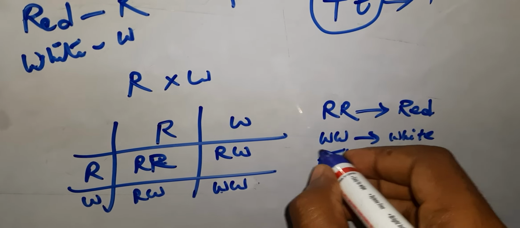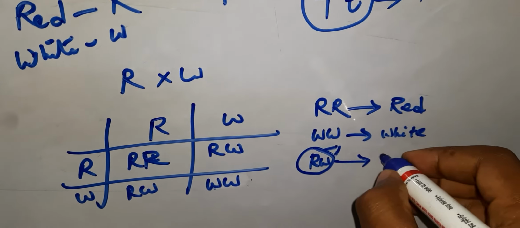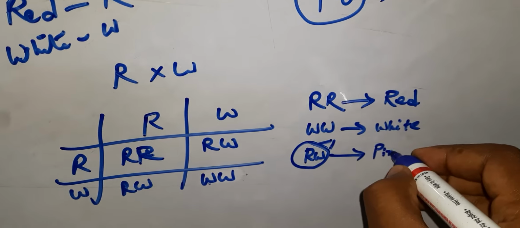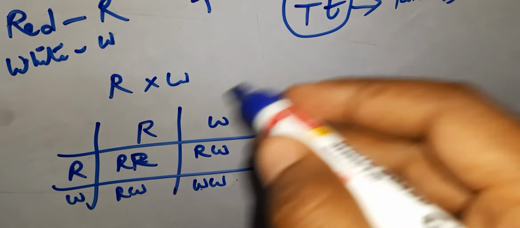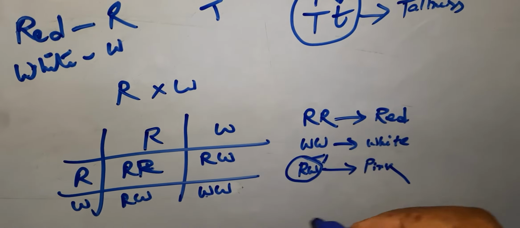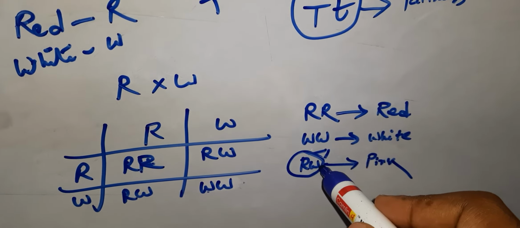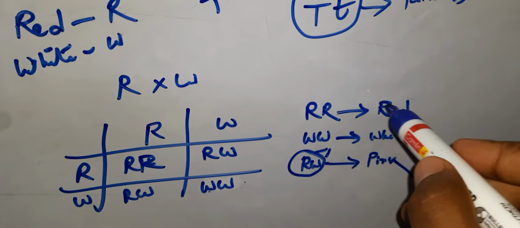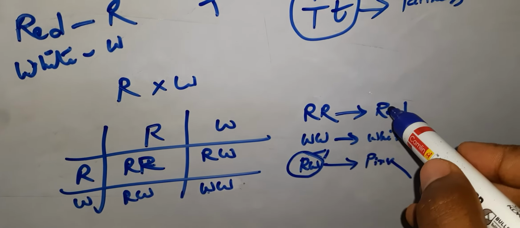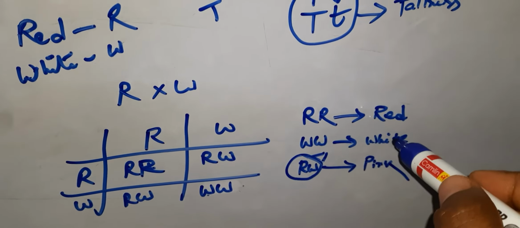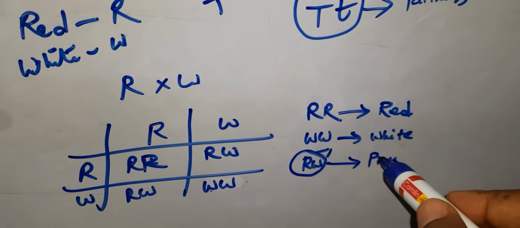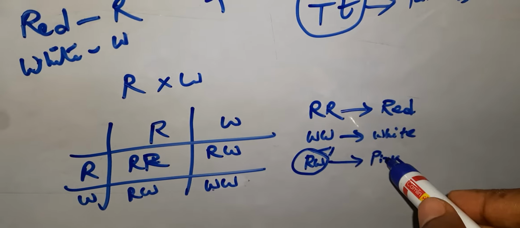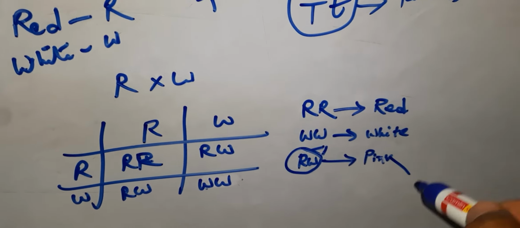So RW becomes pink in color. So in case of incomplete dominance, neither R, the representative of red color, nor W, the representative of white, is totally absent in case of these organisms, and the flowers appear pink.